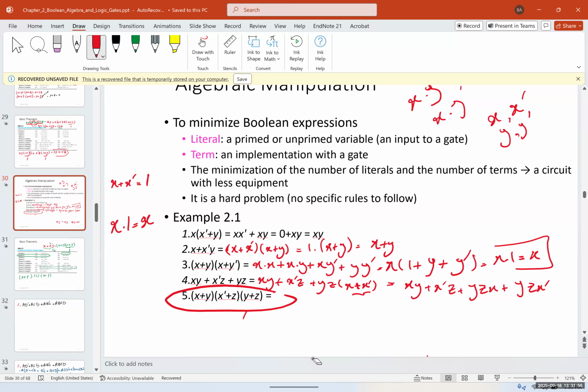So x plus y and with x prime plus z and with y plus z. I'll give you a few minutes to think on this. And again, there are multiple ways that you can solve this.